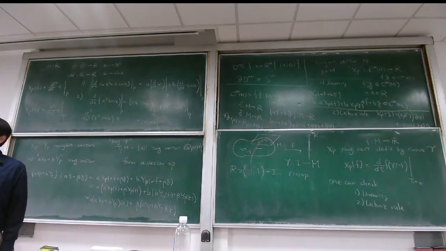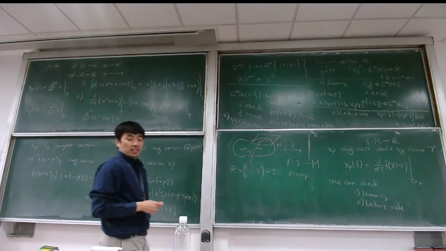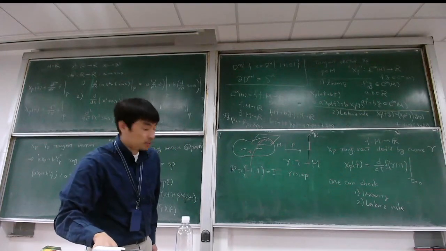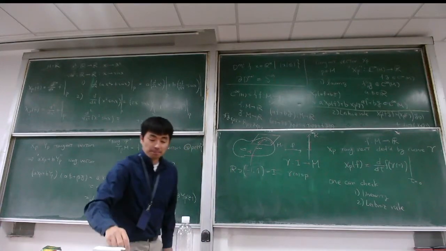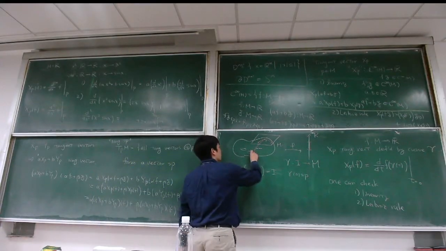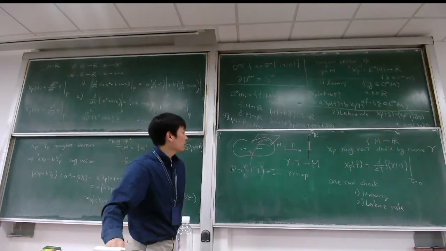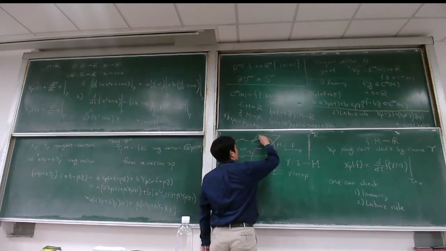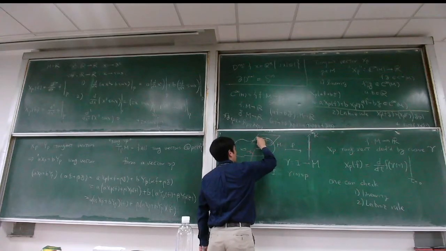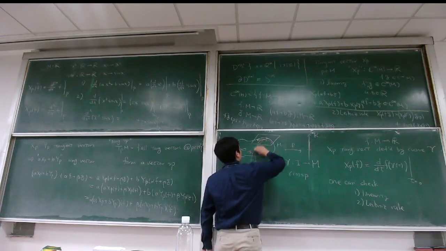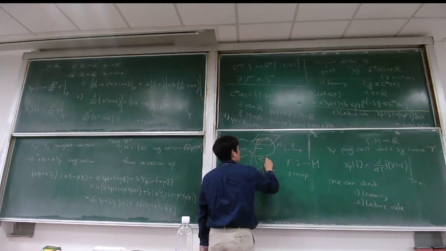One can define the equivalence class. For instance, there is another curve, let's call it gamma 1. Another curve can be something like this way, another map, let's call this gamma 2.